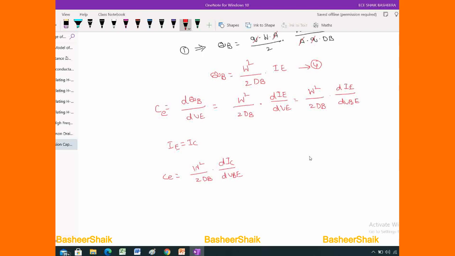We know the change in IC with respect to the change in VBE is the transconductance of the transistor, gm. Then CE is equal to W square by 2 DB into gm. So this is the diffusion capacitance at the emitter junction.